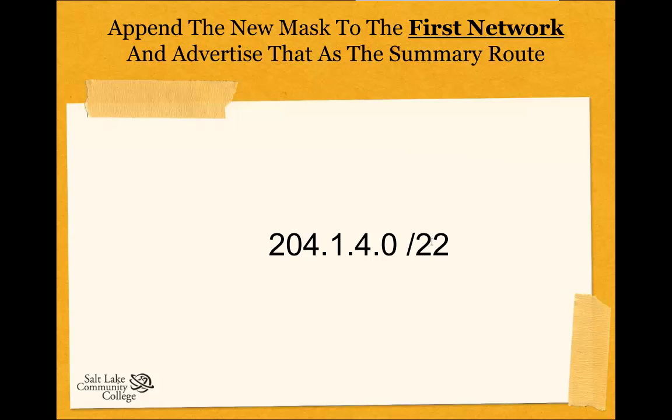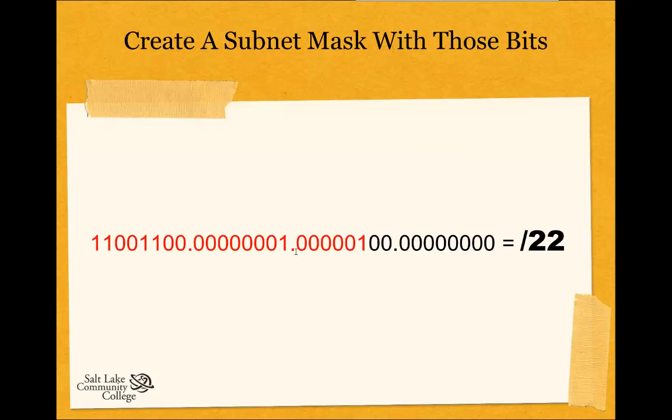So that's a basic, simple method for finding how to summarize a network. It's tedious, but it's easy. I agree. Breaking out the bits can be very tedious. But to make it quicker, we're looking for the octet of interest, where the numbers are changing.